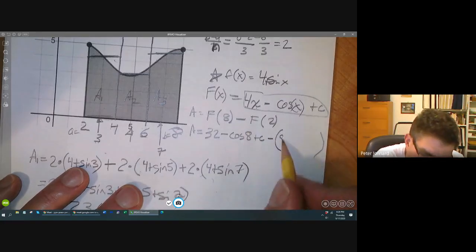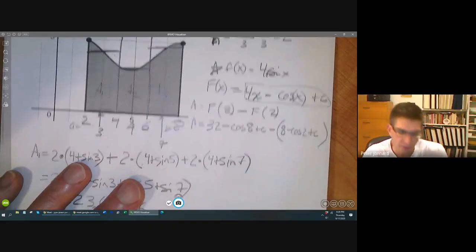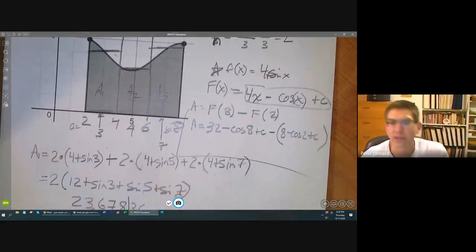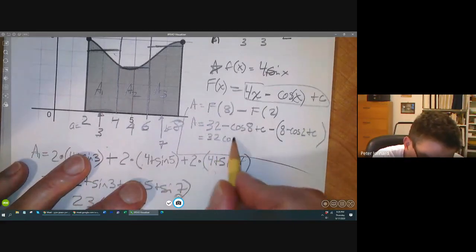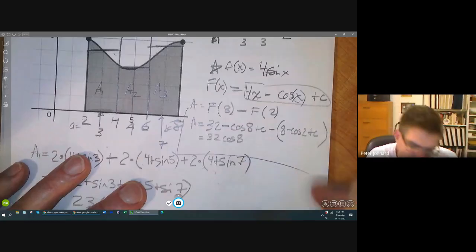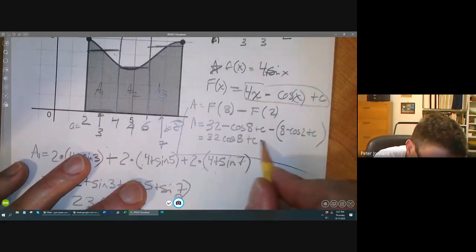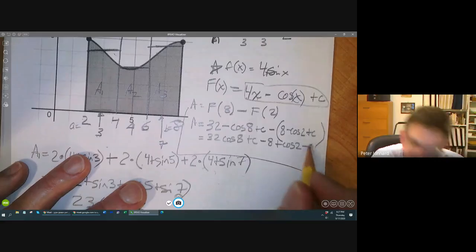So that would be 8 minus the cosine of 2 plus c, like so. Okay, I'm sorry, my work is kind of jamming together here. Okay, and then if you look at that, you end up with the area of this is 32 minus the cosine of 8 radians plus c minus 8 plus the cosine of 2 minus c.